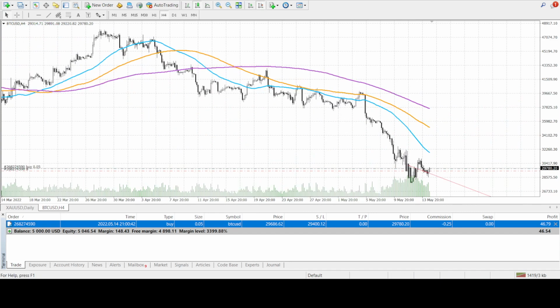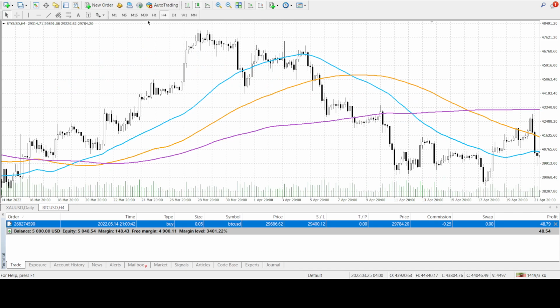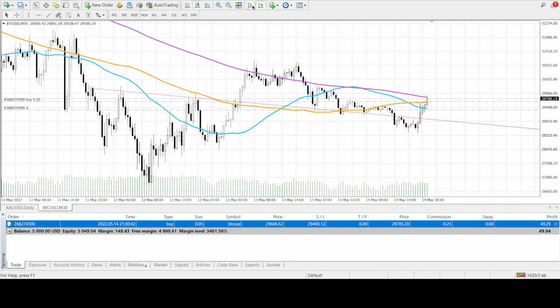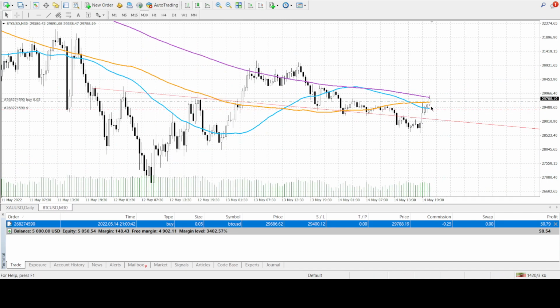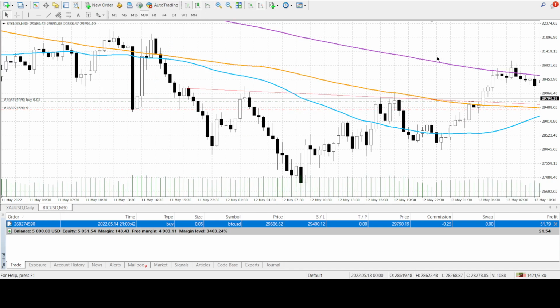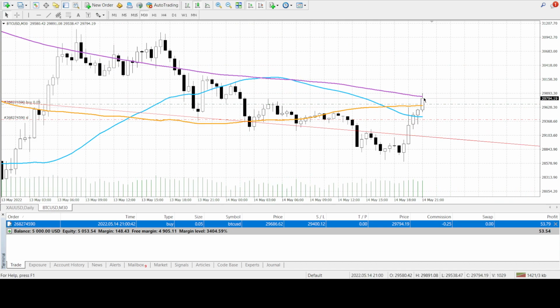So let's take a look here. Let's zoom back in and see how our little trade is doing. We're on the M30. So as you can see right now, it's struggling with resistance at that MA200. See how we started getting some serious selling pressure there. We got buying pressure when it was beneath the MA50 because it wanted to get back above it, because it was getting pulled by the close proximity of the MA100 and the MA200.